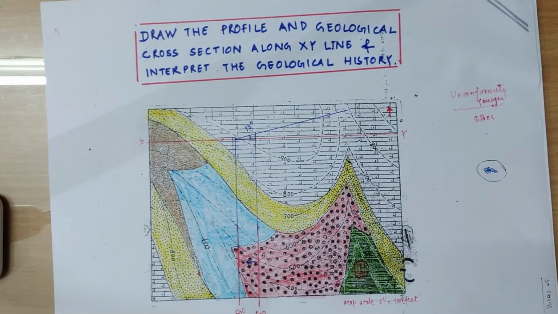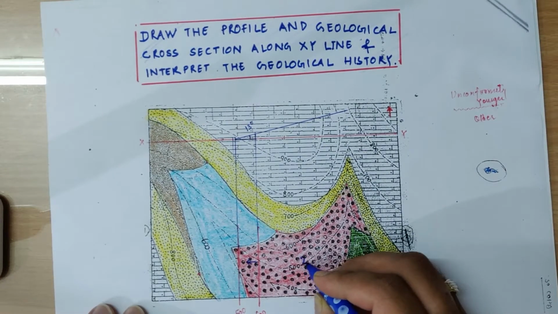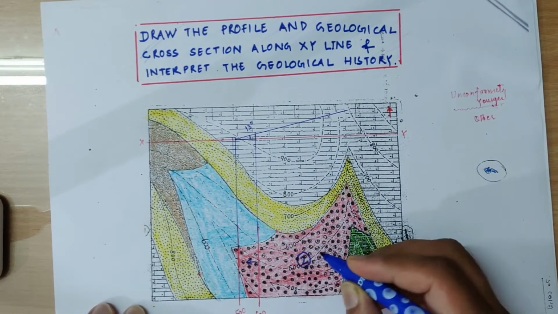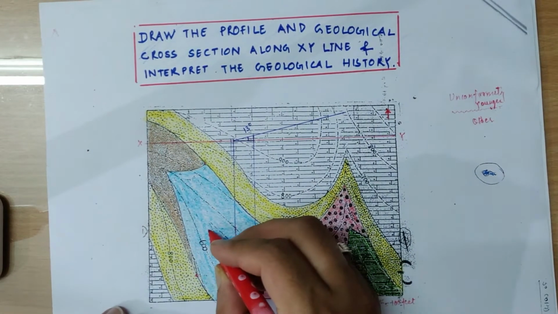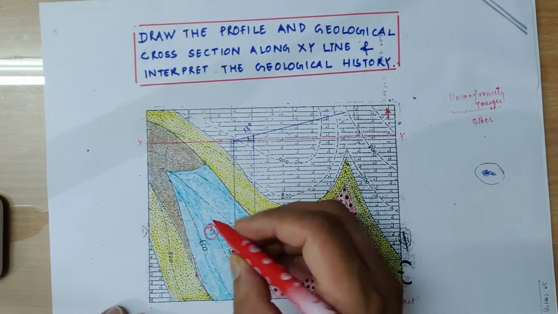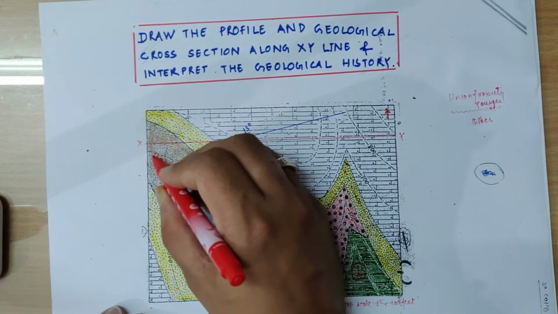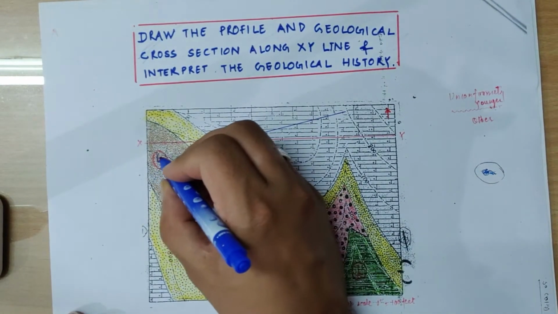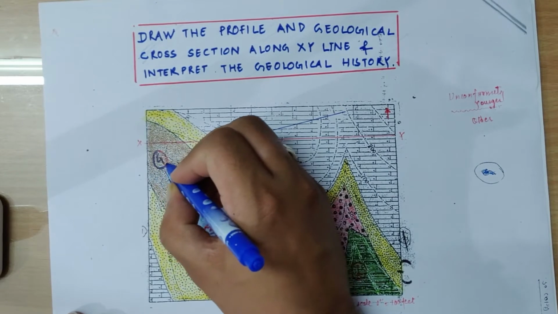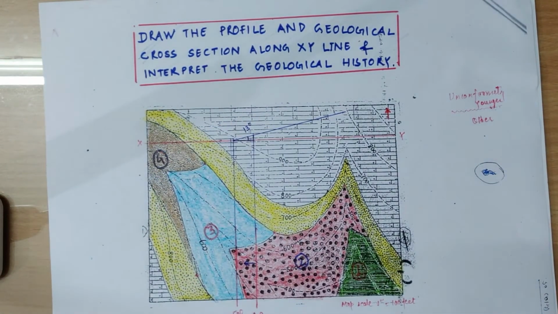Then we have bed number 2 in the direction of dip, next to the youngest bed. Then we will have bed number 3 of older sequence. We will have bed number 4 of older sequence. Right. So the older sequence contains 4 beds.